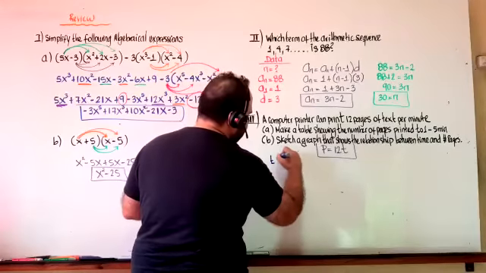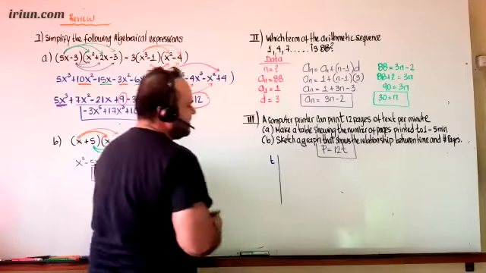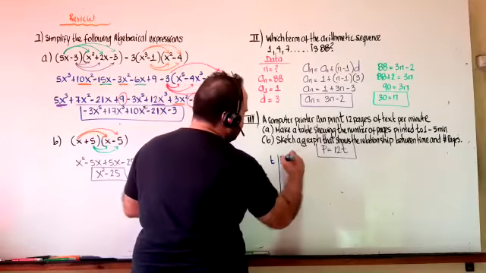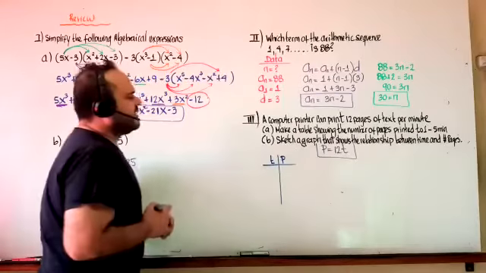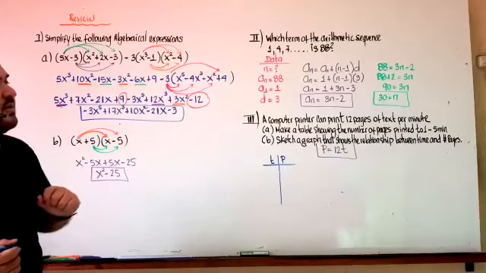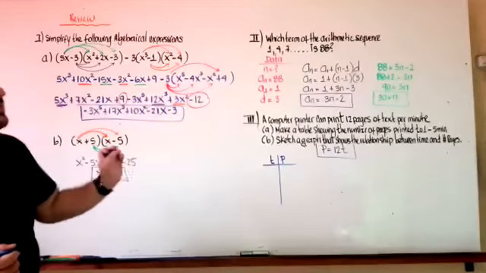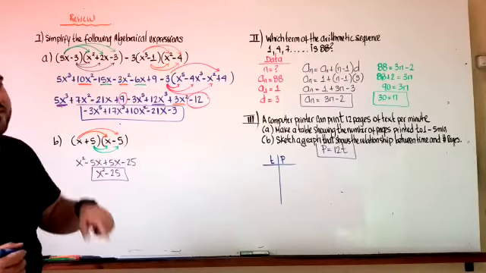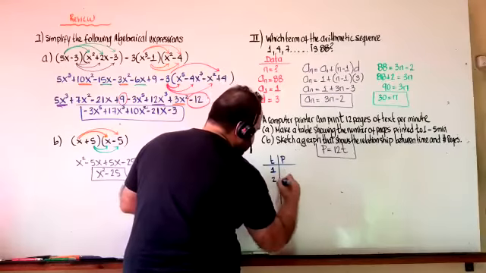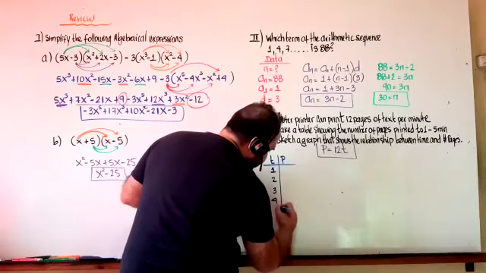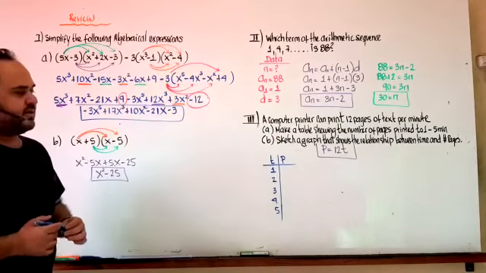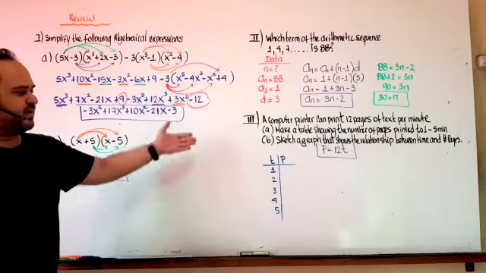For example, instead of the letter X on the X axis of the coordinate plane, we use the letter T, and instead of the letter Y, I'm going to use the letter P that represents the number of pages. The problem says we have to make a table showing the number of pages printed in 1 to 5 minutes. So that means 1 minute, 2 minutes, 3 minutes, 4 minutes, and 5 minutes. These are the values for T.